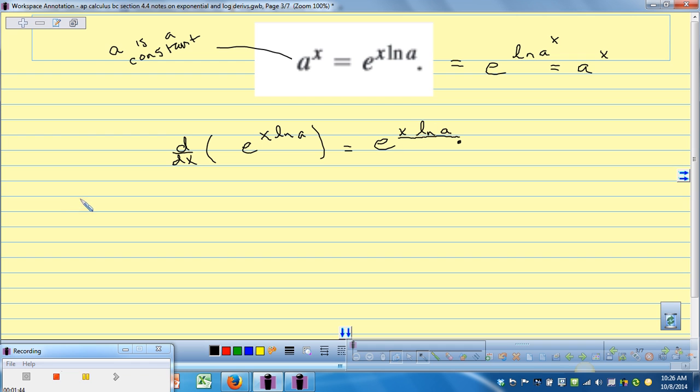How do I take the derivative of 3x? 3. So what is the derivative of natural log of a times x? It is the natural log of a.